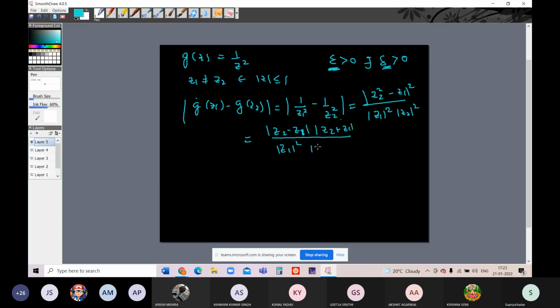Over mod z1 square mod z2 square, and by triangular inequality this can also be written as mod z1 plus mod z2 in the numerator. We can write z1 minus z2 in place of z2 minus z1, so it doesn't make any change.